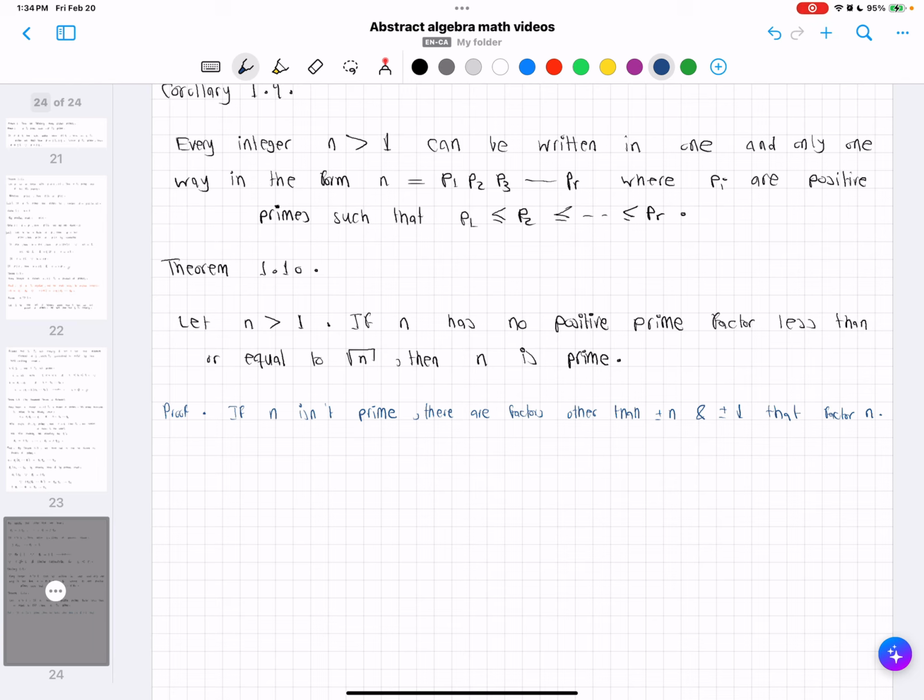So that means we can represent n as a multiplied by b.